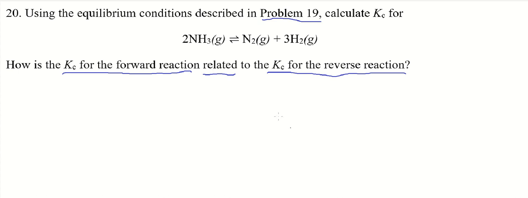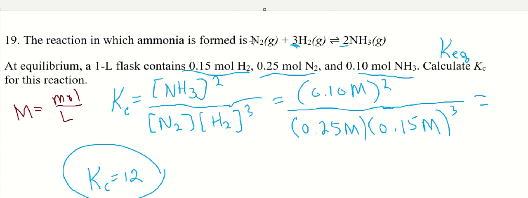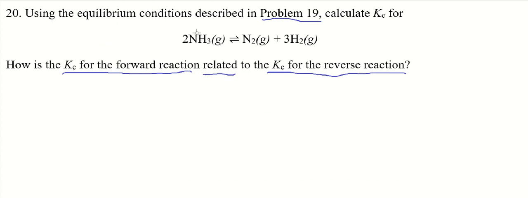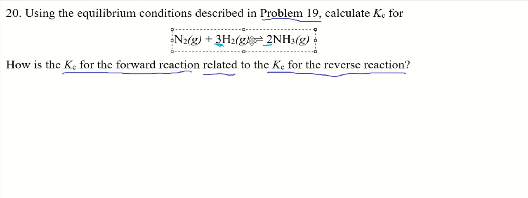I'm going to erase this, erase that and just copy this thing. All right, so now it's less confusing, right?